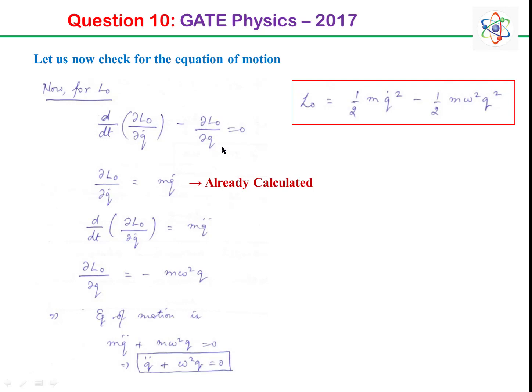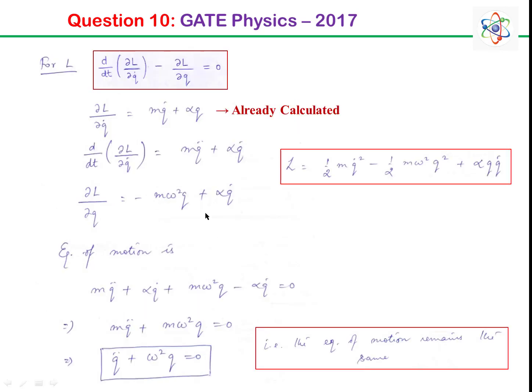We have a negative sign over here, so minus minus becomes plus, and therefore the equation of motion for this L naught becomes m q double dot plus m omega square q equals 0, and m cancels, so the equation becomes q double dot plus omega square q equals 0. So this is the equation of motion for this L naught.